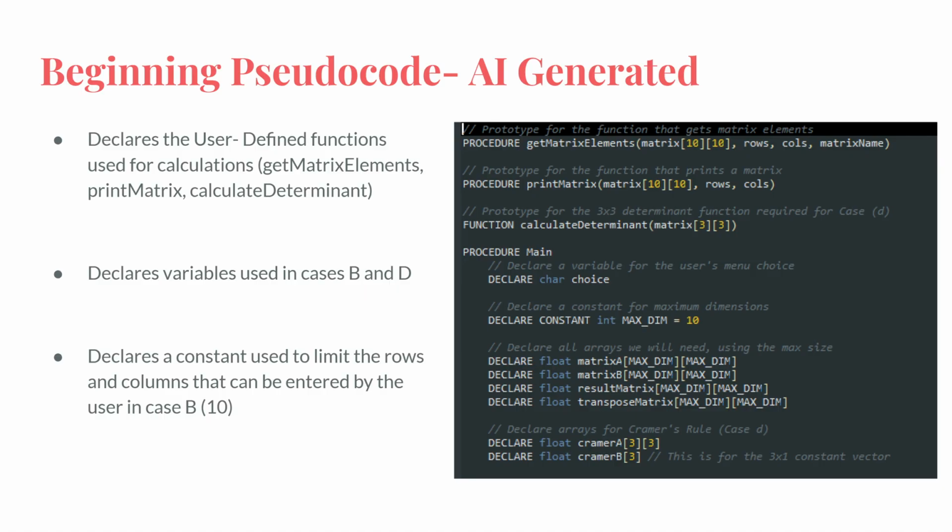They include a maximum dimension constant that they use throughout the matrix multiplication. And they also create the arrays that will be used for Cramer's rule, setting them at a 3 by 3 for the matrix A and a 3 by 1 for the constant vector.